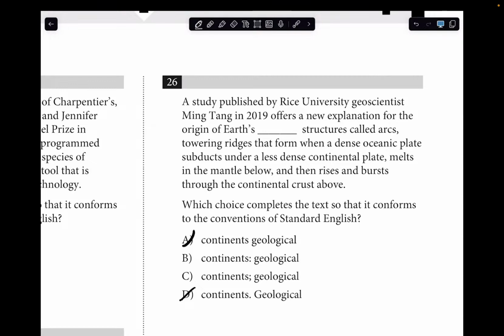So looking at the two choices, either using a colon or a semicolon, they have referenced that using a colon is correct. The reason they state is that the convention being tested is punctuation use between a main clause and a supplementary phrase. In this choice, a colon is correctly used to mark the boundary between the main clause and the supplementary phrase, and to introduce the following explanation of the origin of Earth's continents.